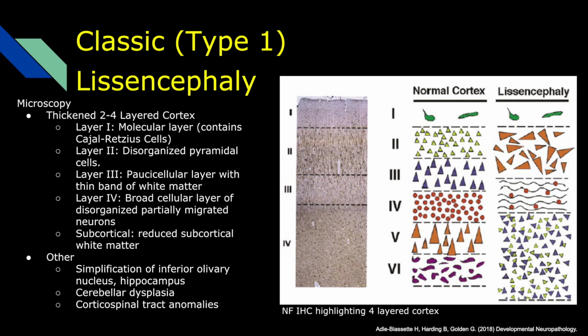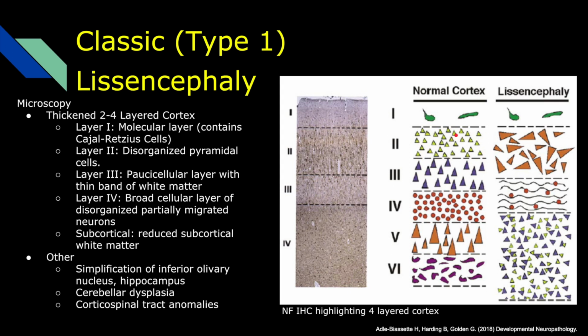So microscopy. This is a neurofilament stain, really highlighting the abnormal architecture of this brain. Usually we have a 6-layered cortex, as shown here. You have your molecular layer, which has your Cajal-Retzius cells early in life. These eventually vanish.